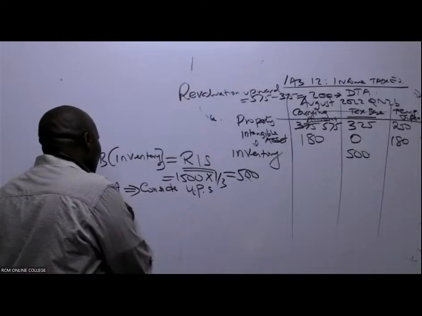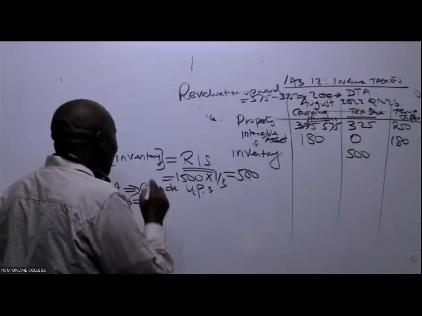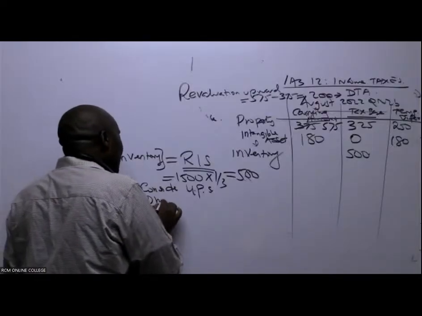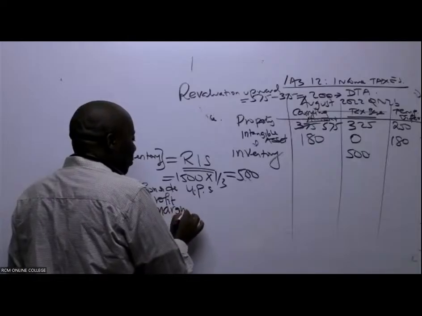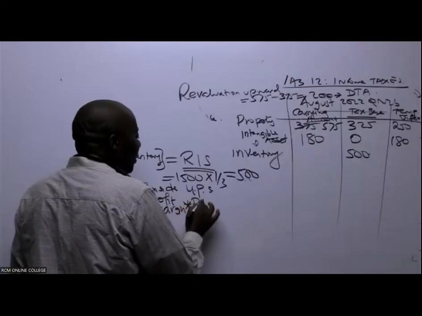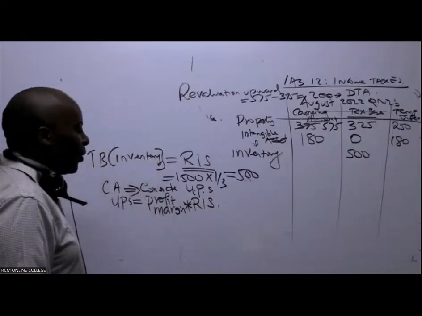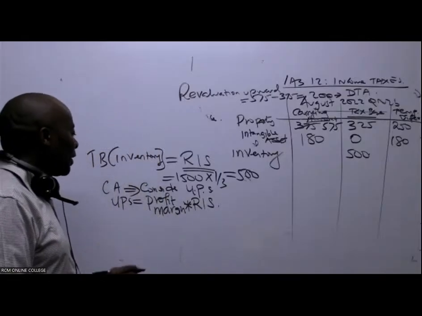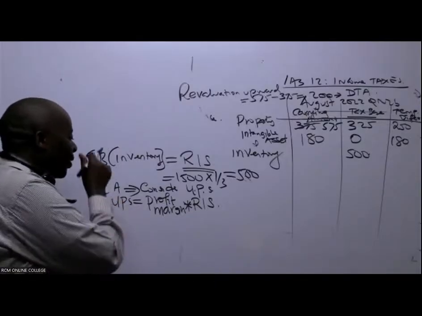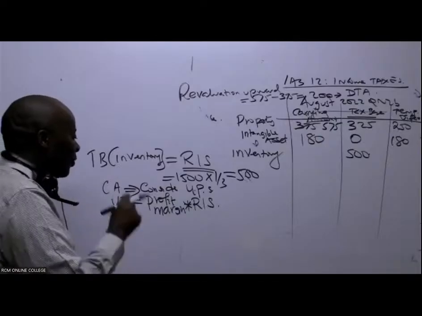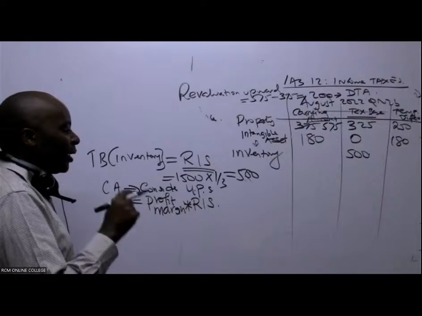And how do we calculate this UPS? To get UPS, we normally take profit margin times remaining intra-sales. So anytime, ladies and gentlemen, they want you to get UPS, unrealized profit on stock, you always take the profit margin times the remaining intra-sales.